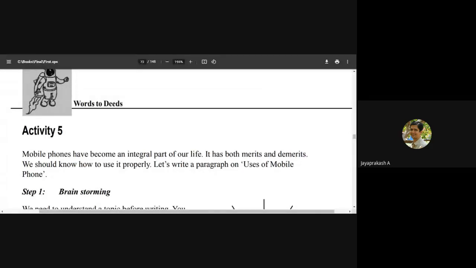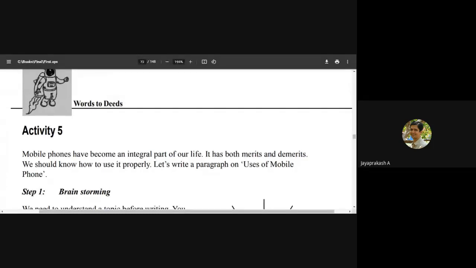So what does it require? Like we talked about presentations, how to present an idea before the audience, even paragraph writing requires a lot of planning, or rather thinking. When you get a topic, first you have to think. Yes, Rajalakshmi, you're right.